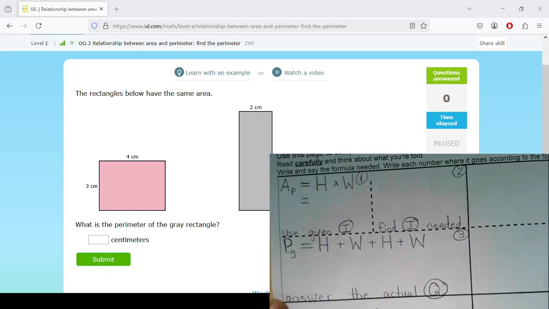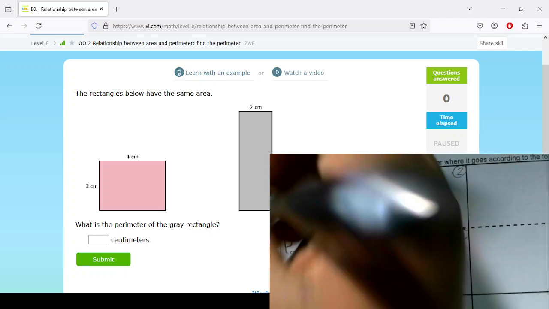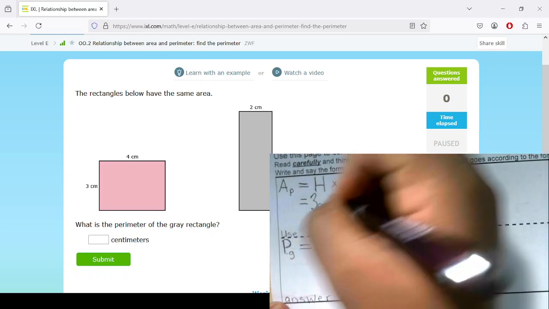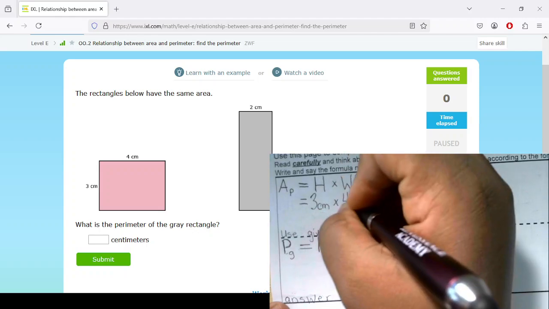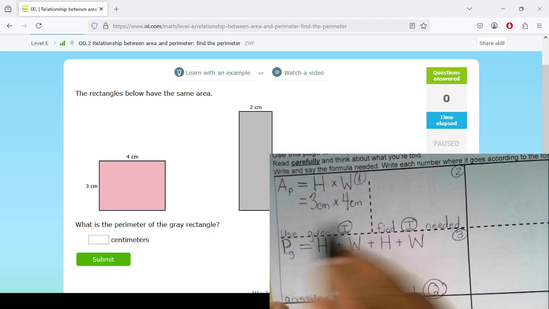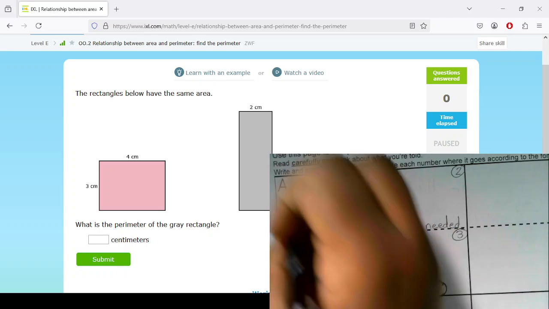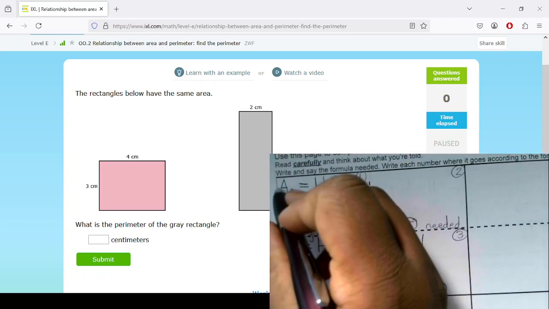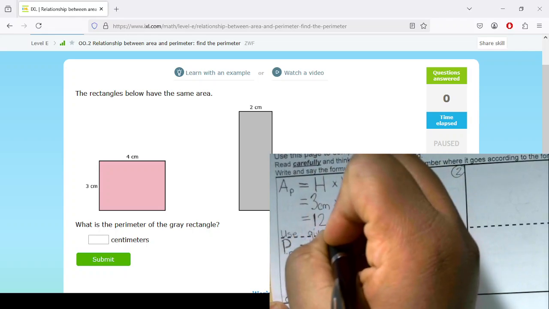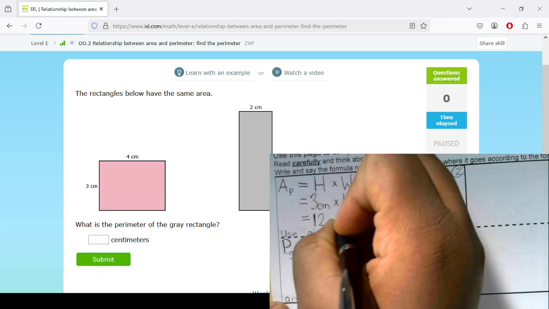The height dimension is 3 centimeters, times 4 centimeters. The pink rectangle is 4 centimeters wide. So then the area of the pink rectangle is equal to 12 square centimeters.